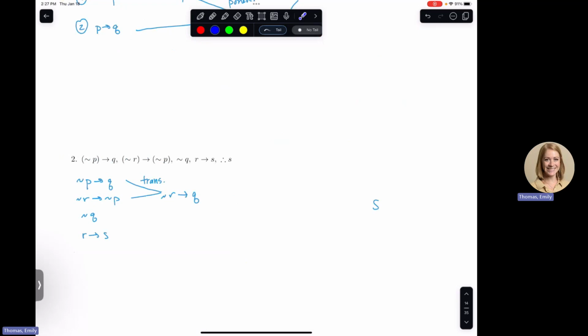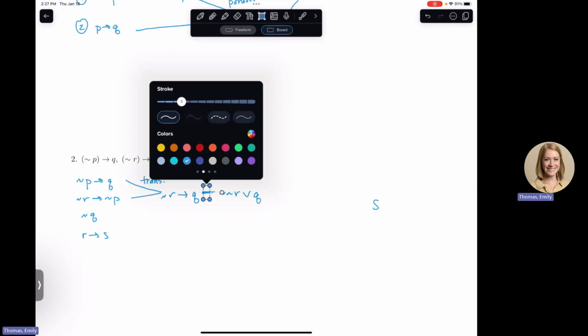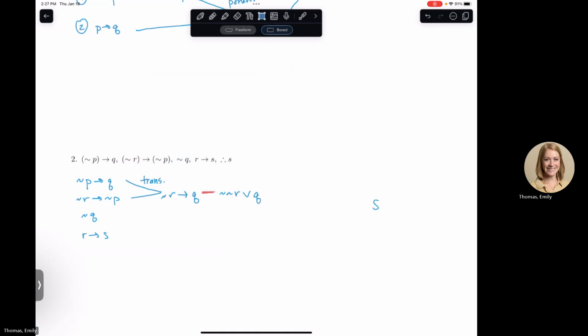So not R or Q. Then not R or Q. This is not how I did it, but that's cool. This is fine. It'll still work.